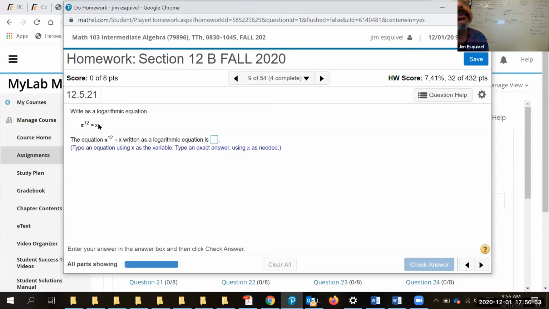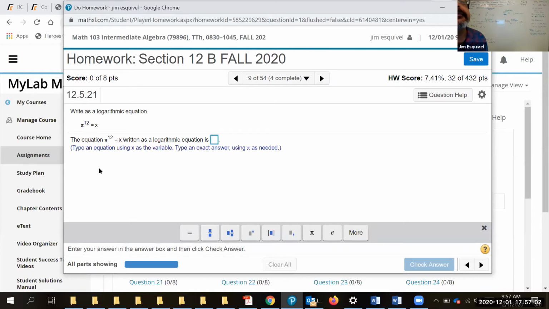So if I write this one, log base something of something equals something. What's the base? Would it be pi? Yep. The base of that exponent is pi, so this is log base pi. So pi goes in the base position. So log base pi, base to the across. So 12 is going to be my across.